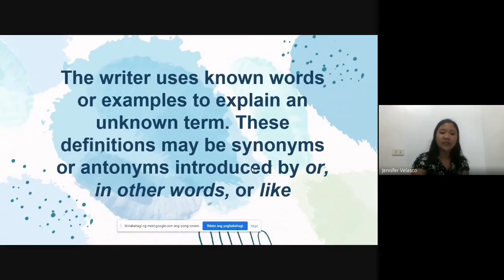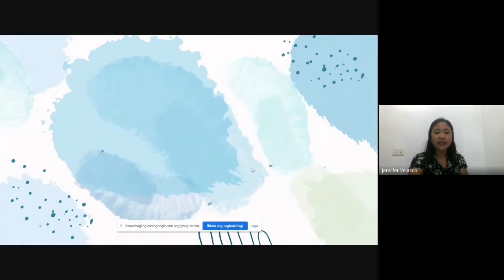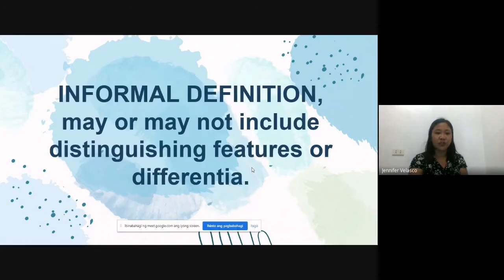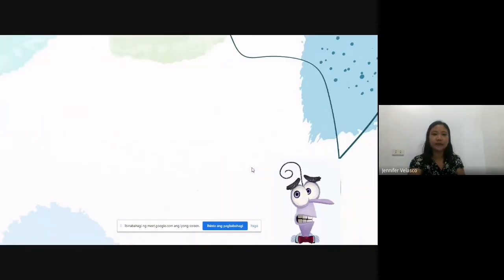And sometimes they use synonyms, antonyms, or it is introduced by or, in other words, or like. There is no specific formula in making an informal definition. It could also not include distinguishing features or differentia. So this is an example.